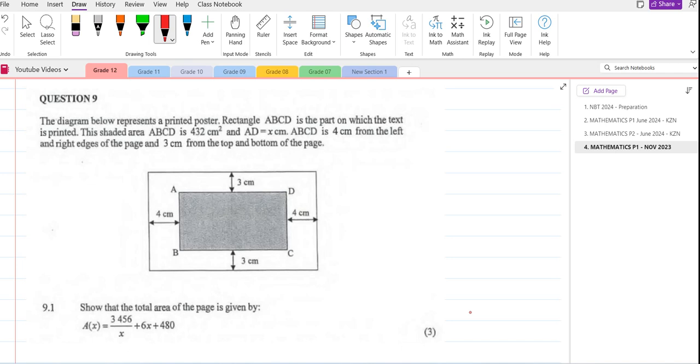ABCD is 4 centimeters from the left and right edges of the page, and 3 centimeters from the top and bottom. Now if you observe this, this is x. This is 4 and this is 4. The middle distance is x. If you add up this side and this side, it's just going to become x plus 8.